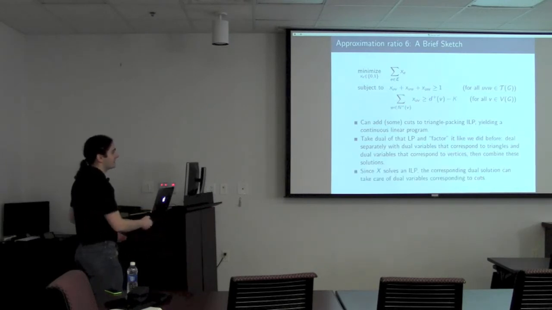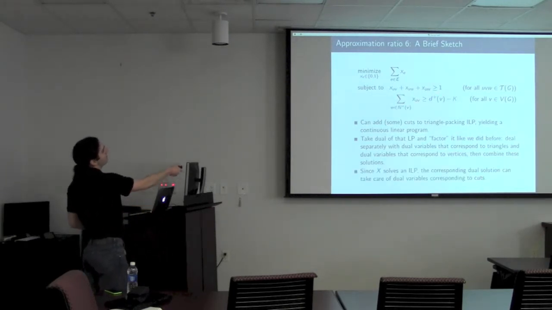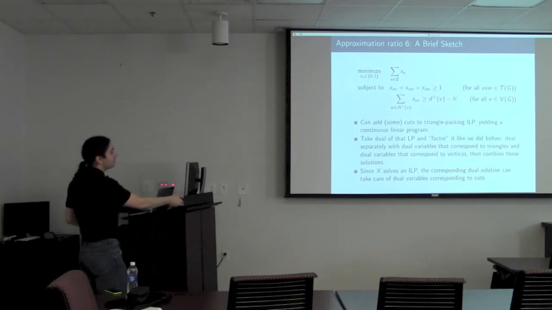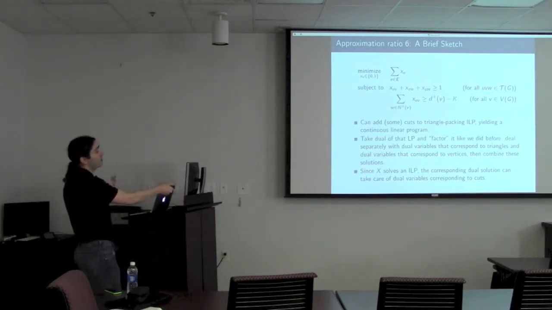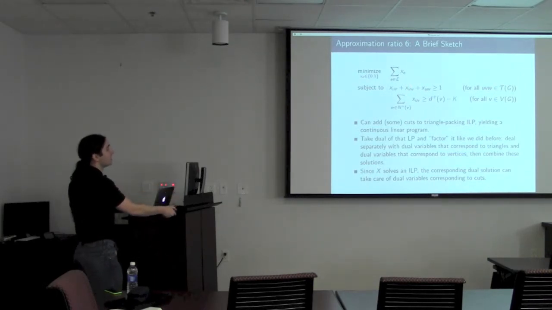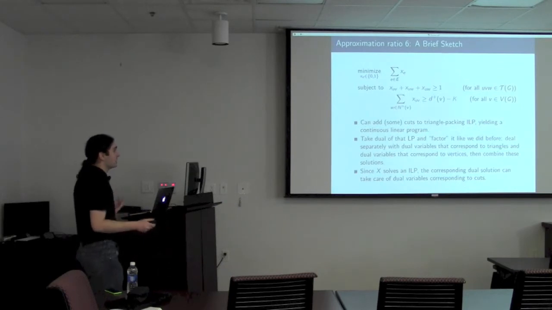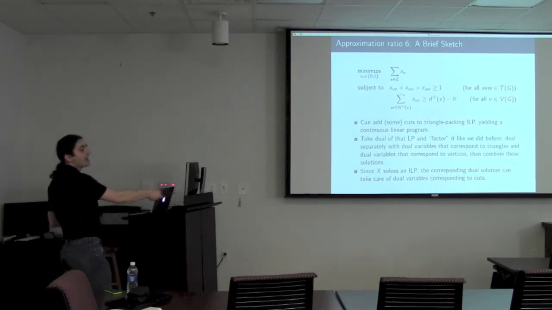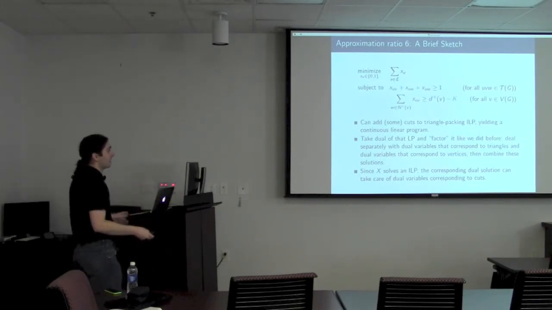And so you can do a similar thing over here, but this is an integer program. The idea is that when I look at the cuts that I add to this, which aren't even necessarily all the cuts, since that set x is solving an integer linear program, it turns out that you can just let x worry about those dual variables that correspond to those cuts you added.